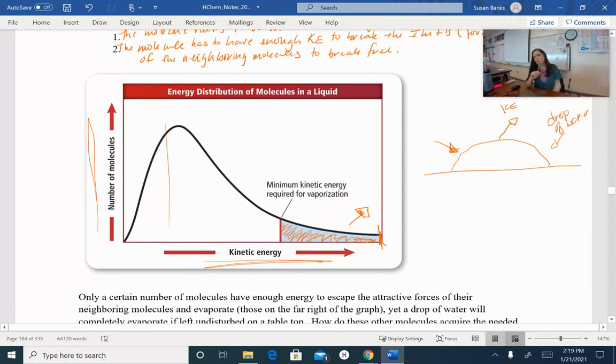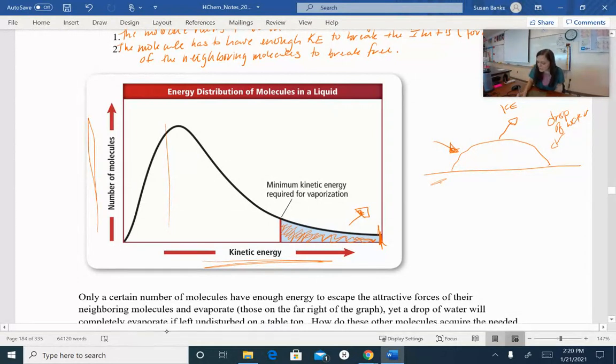Think about in the summer when you hop out of the pool and your body is wet. When you first come out of the pool, what does your body feel like? Even though the day might be really hot, 95 or 100 degrees outside, you're cold. Why are you cold? Because the water that's evaporating from your skin is taking heat from your skin.